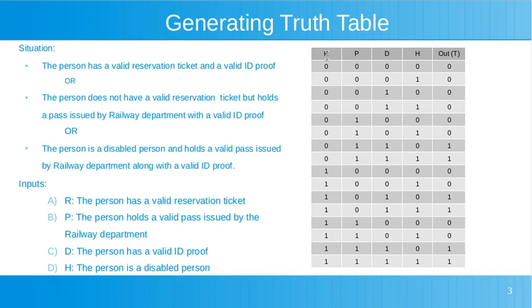So R, P, D, H are the inputs and these are all possible combinations of these 4 inputs. So 0, 0, 0, 0, 0, 0, 0, 1, 0, 0, 1, 0, means all possible combinations of these 4 inputs.